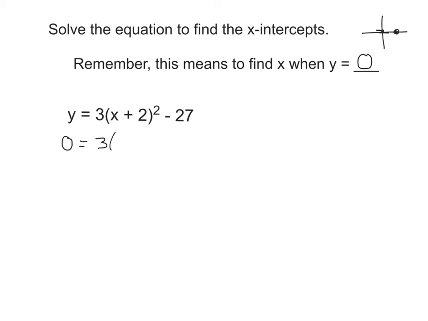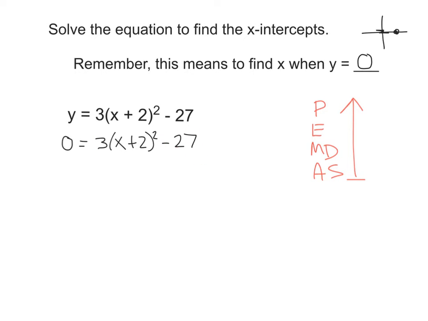I'm just going to rewrite the whole equation. And then how would we go about solving this equation for x? Again, we're trying to get x alone, and it's got all this stuff with it. Well, we're going to solve this by using the order of operations in reverse. We are going to do what's called solving by undoing PEMDAS. So we're going to start by adding or subtracting anything that's over here on this side of the equation that we don't want there anymore.